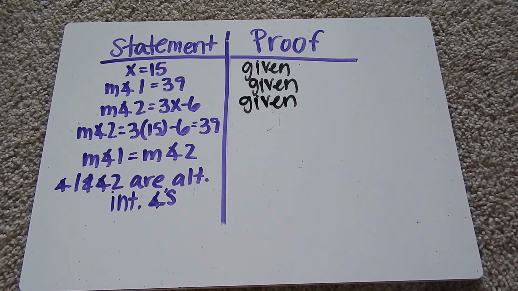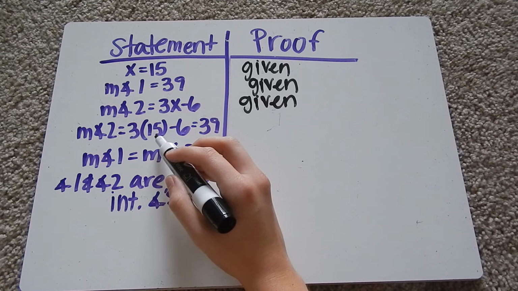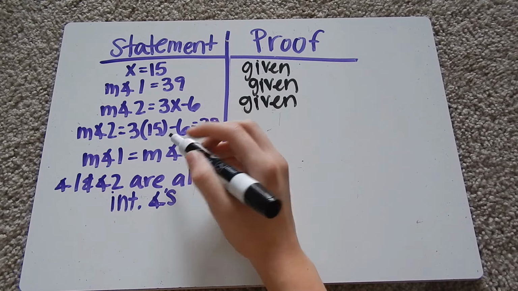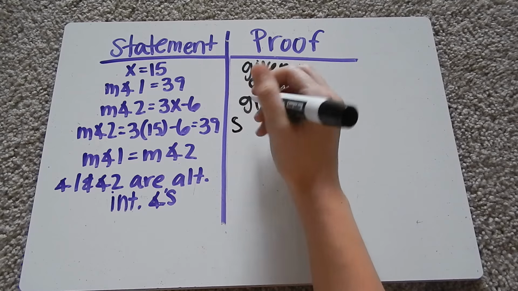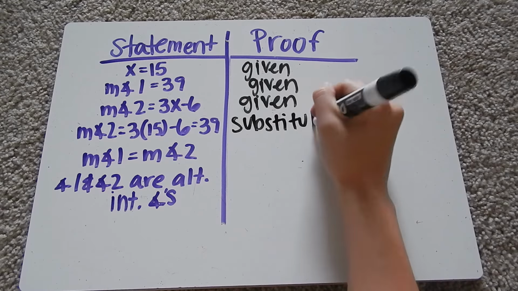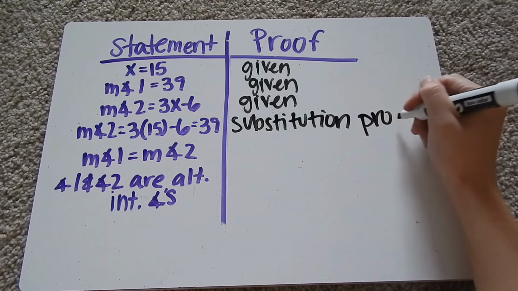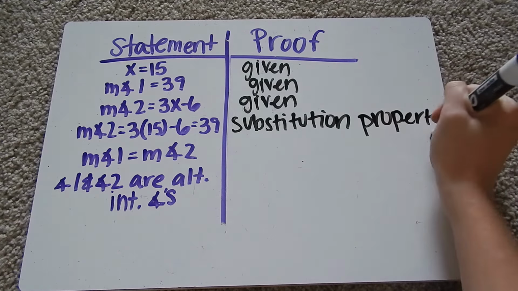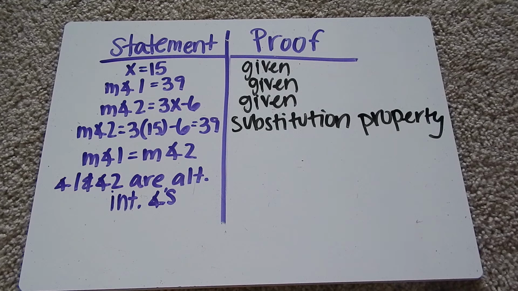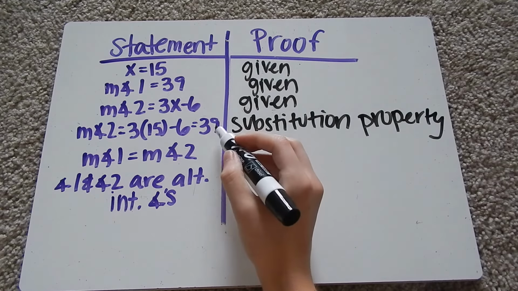So the next step that we took was we plugged in the 15 for x for angle 2. That is called substitution. So all we used there was the substitution property. We substituted x into the equation and we got 39.